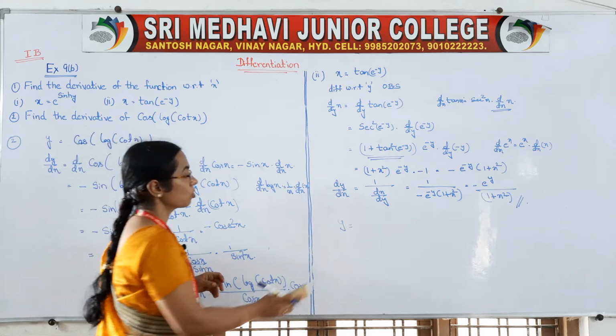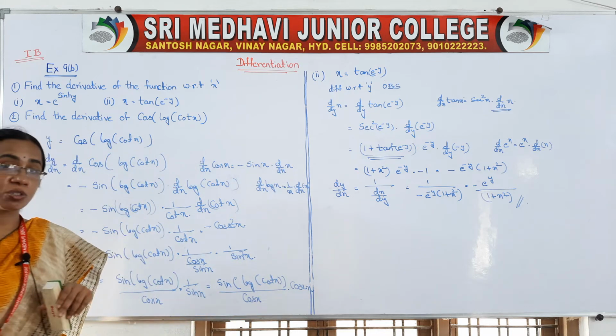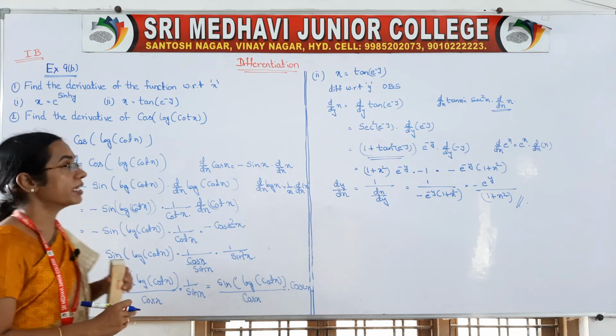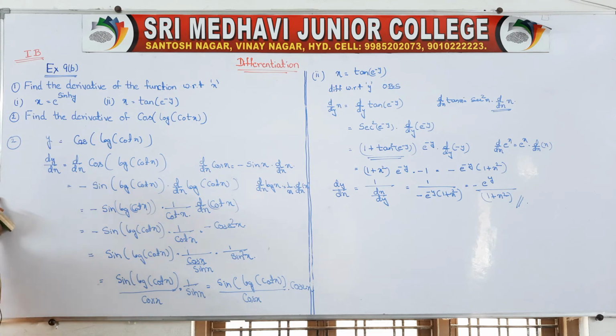But in these 2 questions x is given, yet the question is to find dy by dx only. So these are special cases.